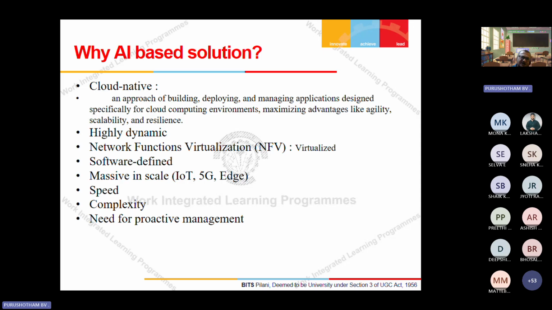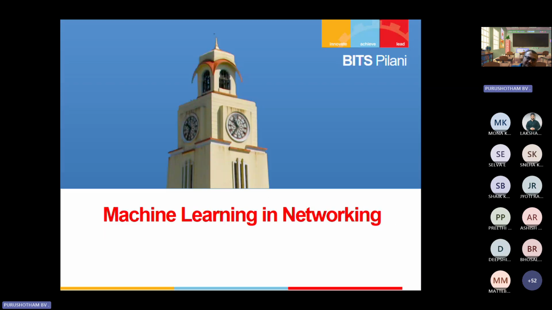So massive in scale, you can scale up or down, both for IoT applications, 5G or edge related. AI is much faster than human intervention. Complex scenarios can also be well understood and analyzed by AI. There is a need for proactive management, which is also provided by AI.